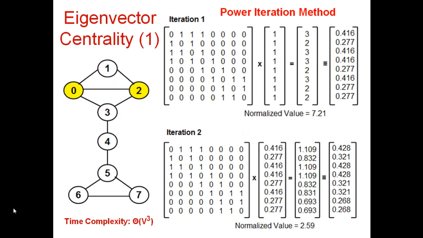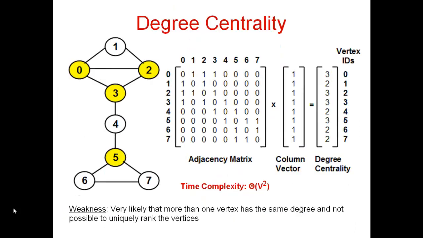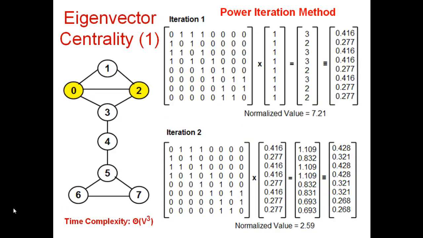Now, if you want to measure the time complexity of this approach of finding the eigenvector centrality, you proceed in iterations, and in each iteration what you do is multiplication. So you multiply each row in the adjacency matrix with the column vector, and you get the product vector and you normalize.